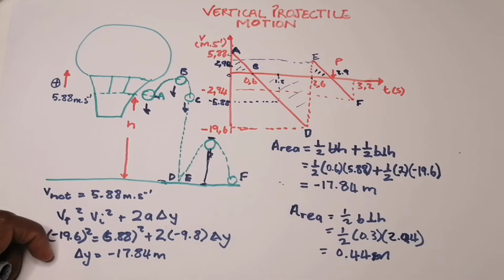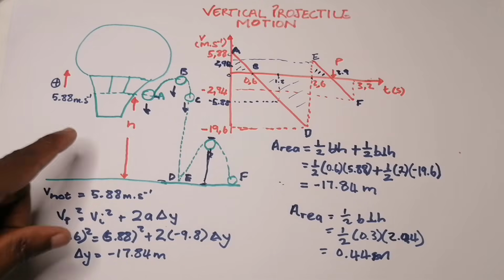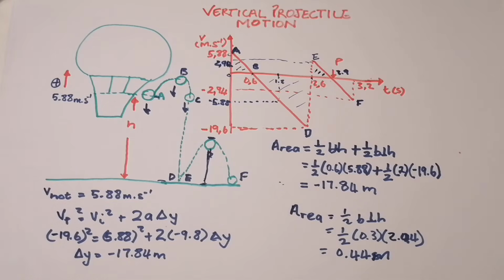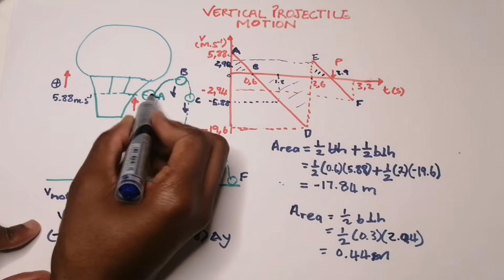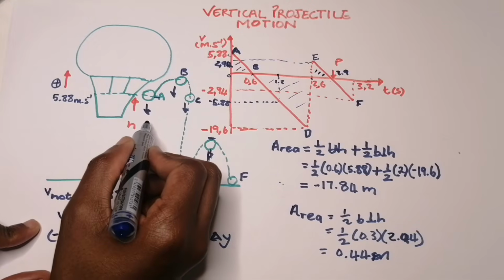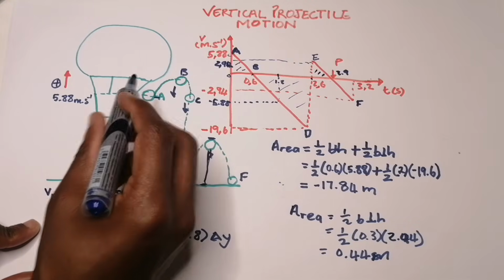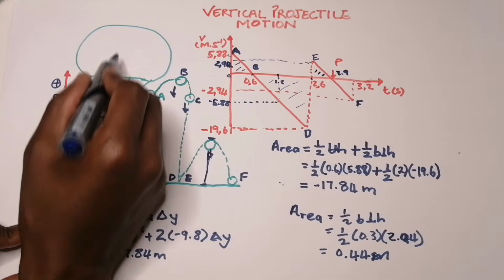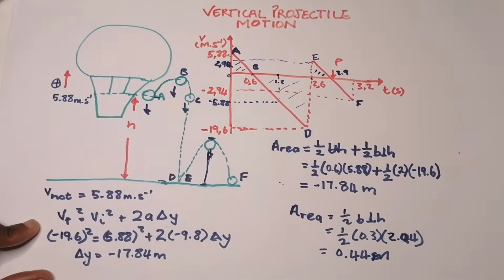They told us that this air balloon is moving vertically upwards at a constant speed. So from the moment that the ball and the air balloon were separated, the air balloon kept on going upwards at a constant speed.